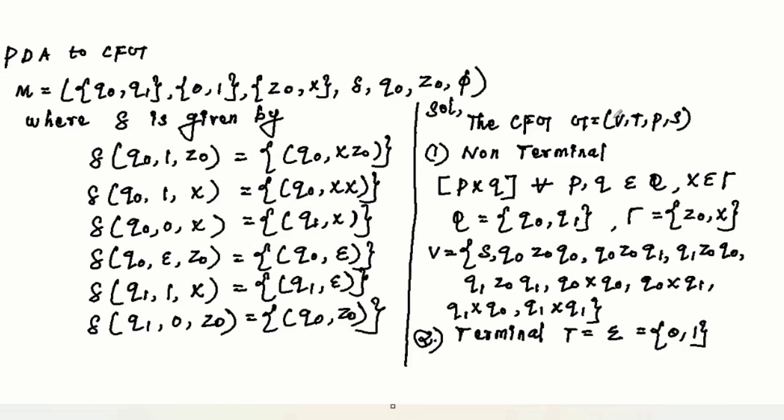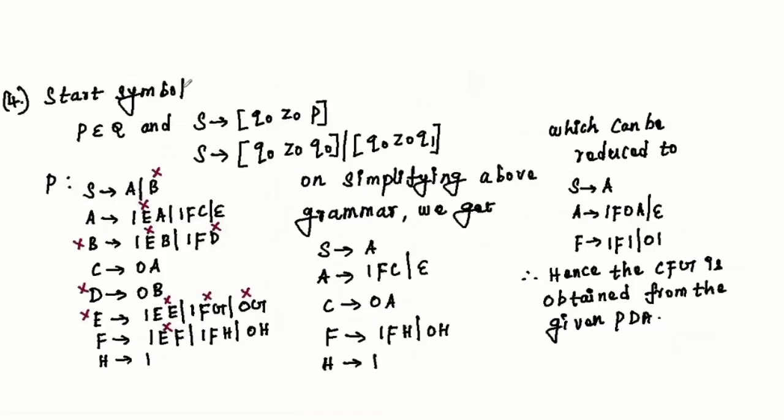So we found the non-terminal capital V, terminal T, then production. Last one, start symbol. The start symbol in a context-free grammar derived from a PDA is usually S tends to Q0 Z0 P, for all accepting states P belonging to Q, where Q0 is the starting state and Z0 is the initial stack symbol.